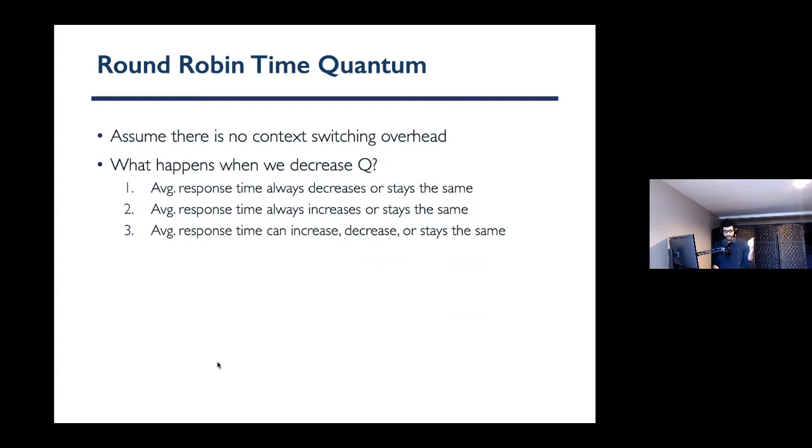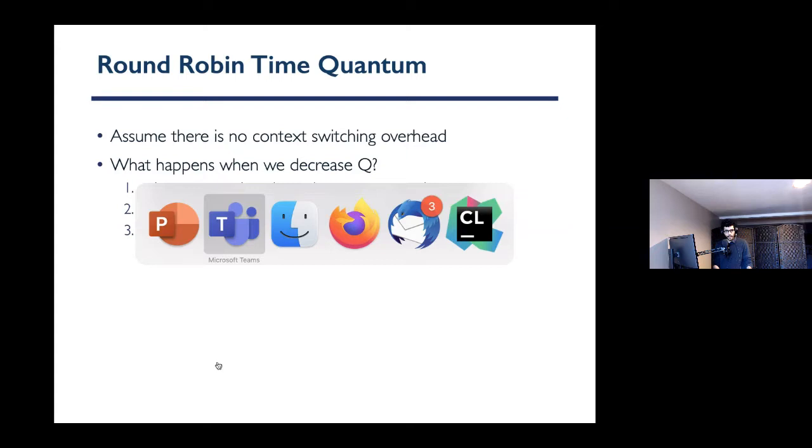So is the average response time always going to decrease if I decrease the time quantum? Or is it going to increase? Or would it depend? Sometimes it can increase and sometimes it can decrease. So which one is correct?